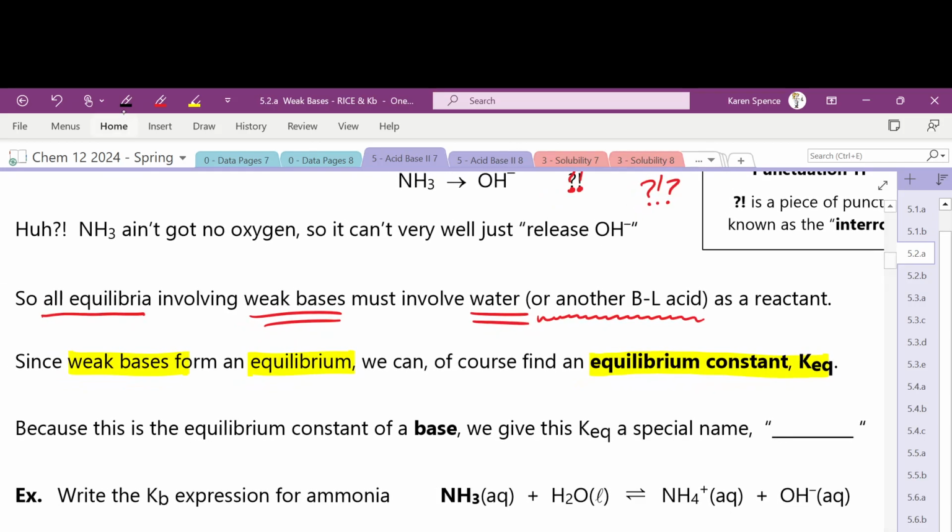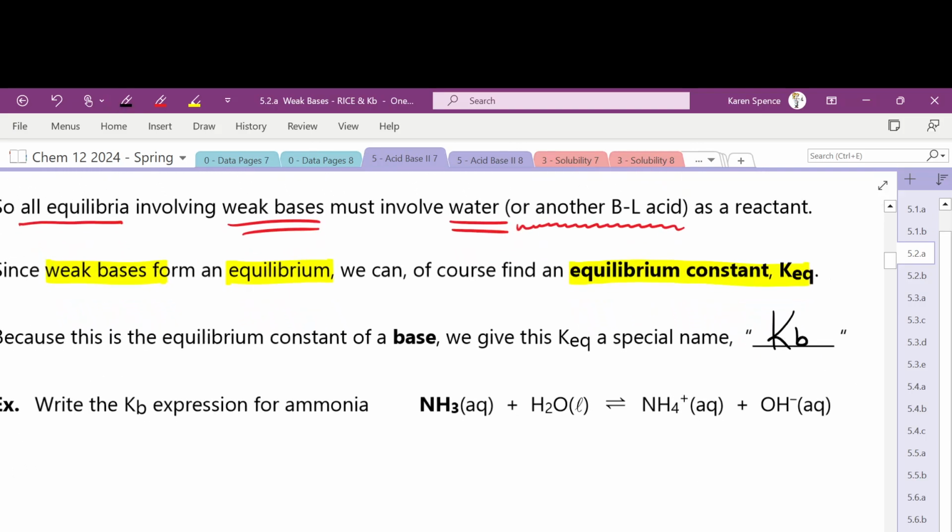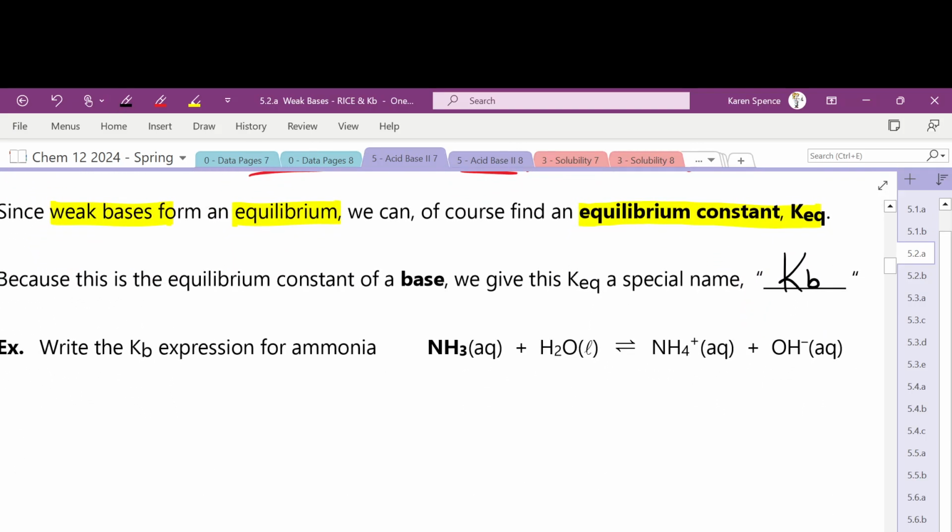What do you think we would call the KEQ for a base? KB. Can you please write the KB expression for ammonia?